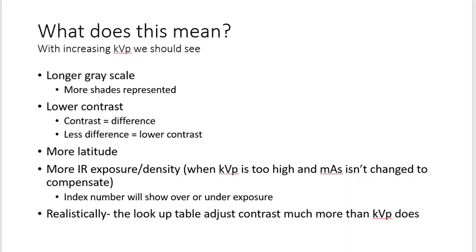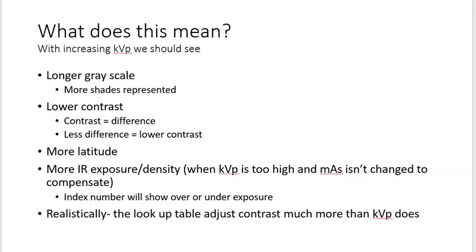It's really kind of a throwback to what happened whenever we got an increase in exposure to the image receptor in screens and films. There was a direct relationship to how black the image was going to be based on how much radiation exposure the film received. So density and image receptor exposure are the same thing, and we use them interchangeably.